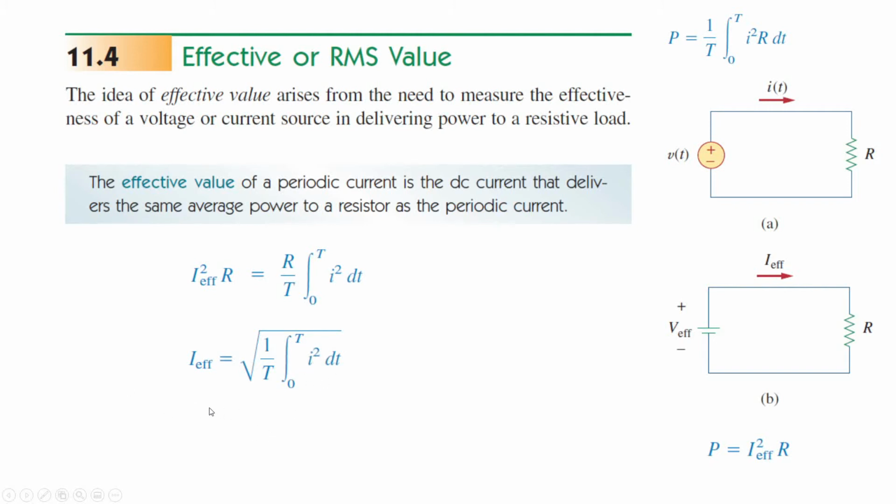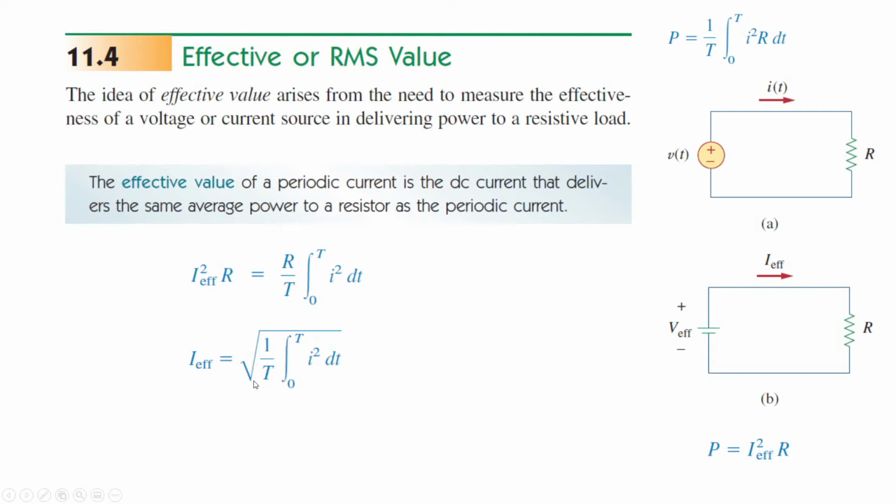As you can see here, the effective value of the AC current can be calculated by taking the square of the AC current and then taking its mean. This is the average operator: this is the integration of the AC current over the interval of time 0 to capital T, and then this is the division by capital T, which makes it a mean.